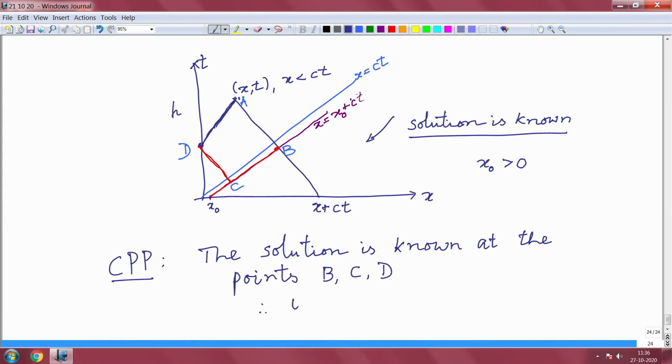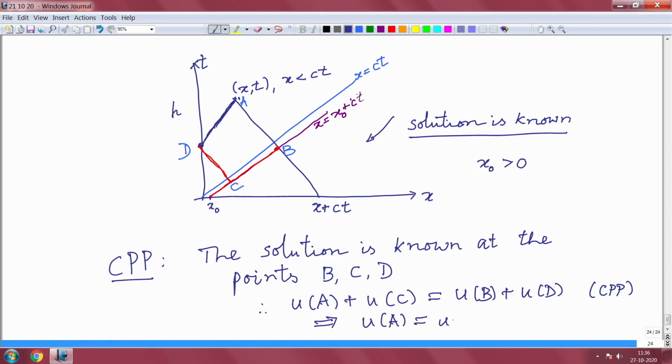Therefore, U A plus U C equals U B plus U D. This is CPP, that implies U of A is equal to U of B plus U of D minus U of C. So, we have to find out what is U of B and what is U of D. U of D is very easy, that is the boundary data, and U of C we have to find.